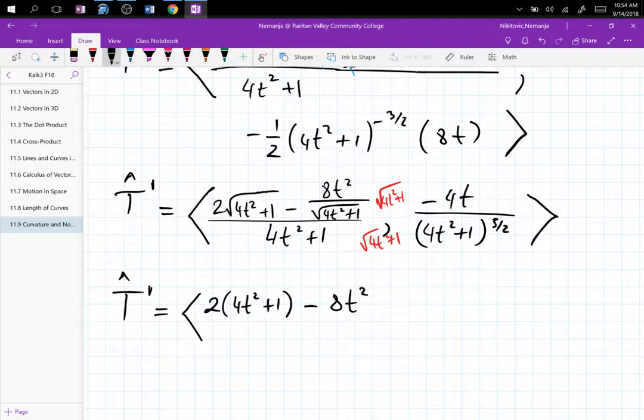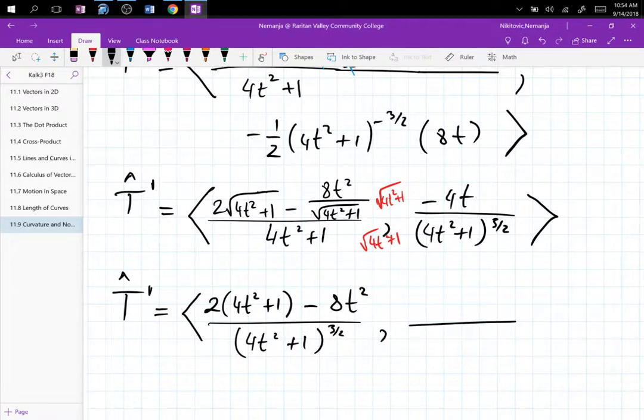The square roots just cancel. And on the bottom you have (4t squared plus 1) to the 3 halves, because you had 1 and then plus 1 half is 3 halves. Which is great because it matches the second term.